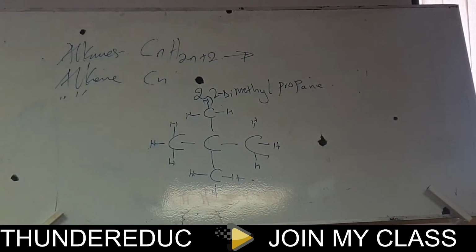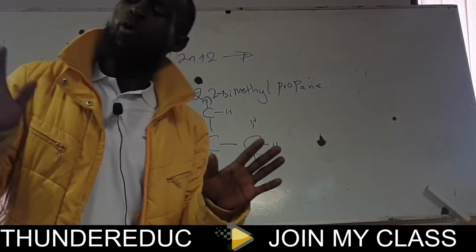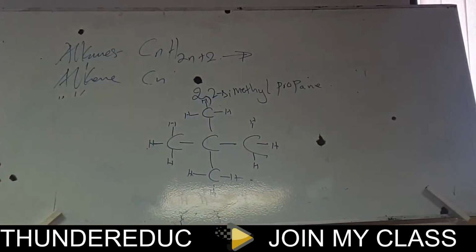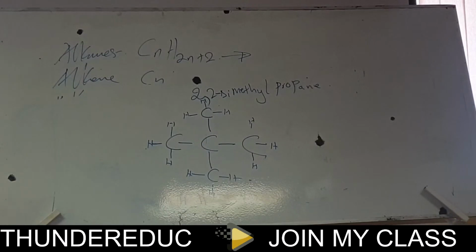All right. I think that's alkanes, alkenes, and alkynes. I just want to ask you one question. These 3 homologous series belong to a group of molecules called hydrocarbons. What are hydrocarbons?